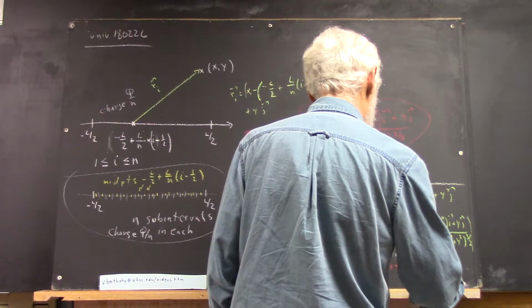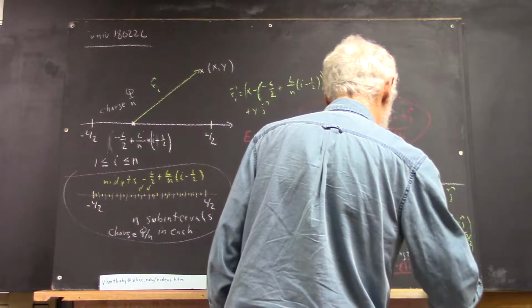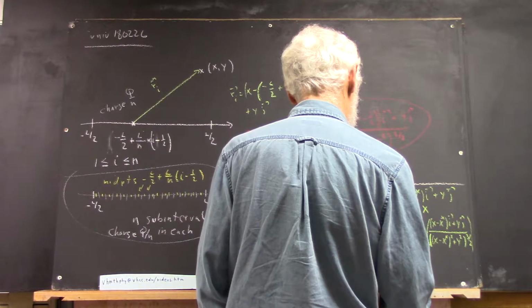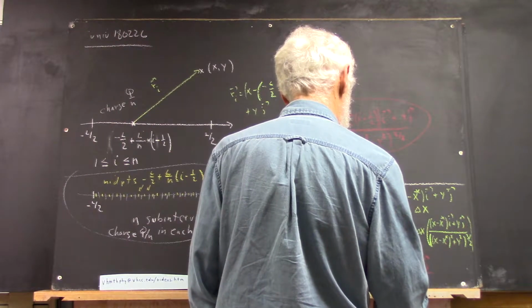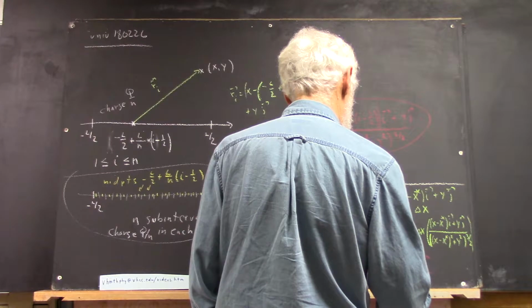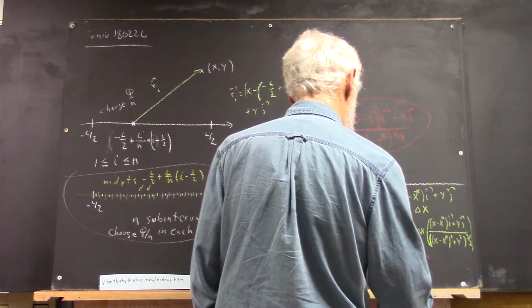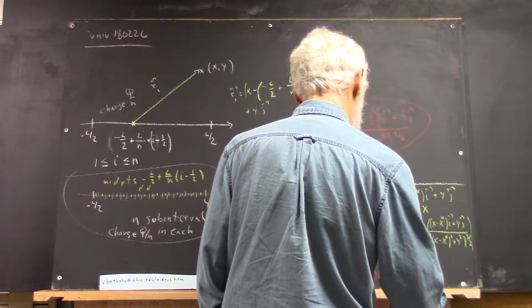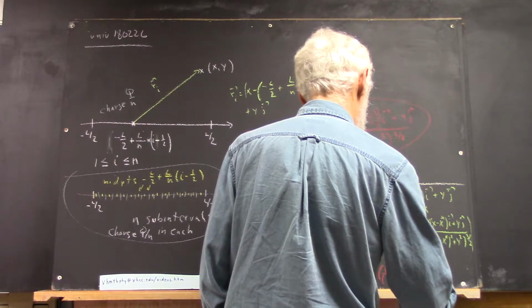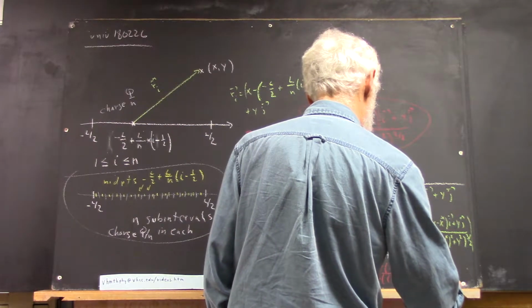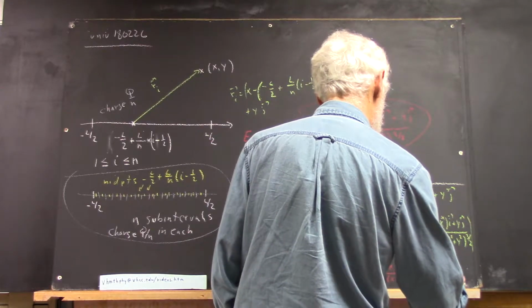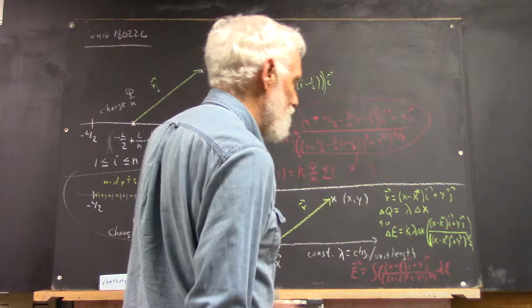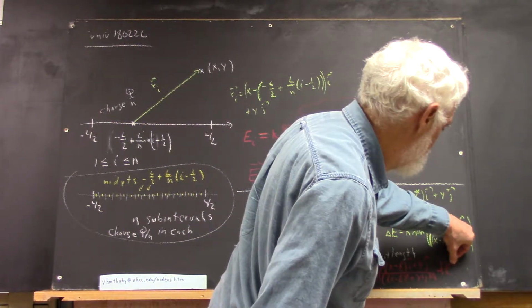Sorry, x star. I pick a letter that's a little bit hard to write. But we can keep it x axis. Got a little carried away.